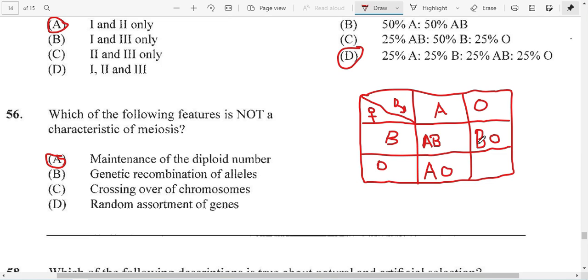Usually dominant is written first, and here the blood group is considered to be A. And then O cross with O, we get OO, and this is homozygous recessive, which means that, of course, this blood group is considered to be O. So here we have it, 25% A, 25% B, 25% AB, and of course 25% O. That's how we arrive at our answer for D.